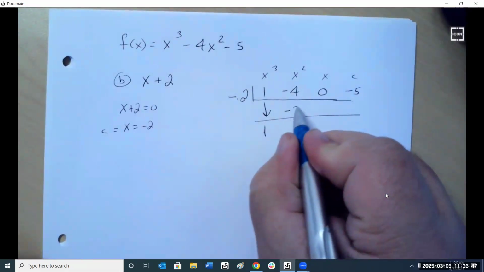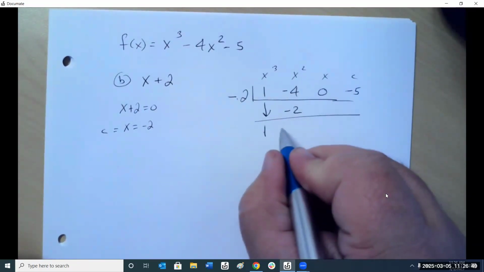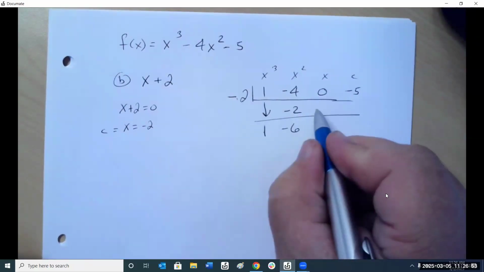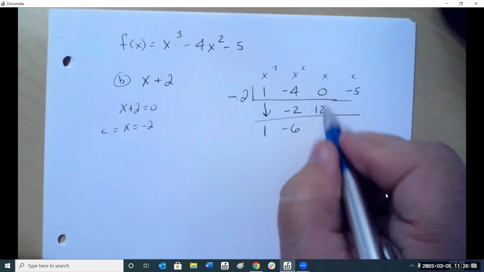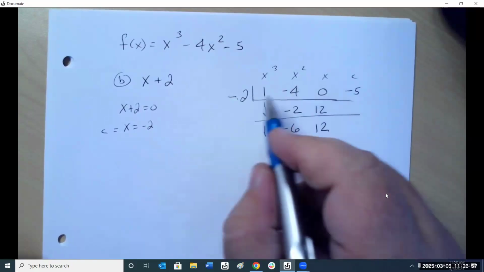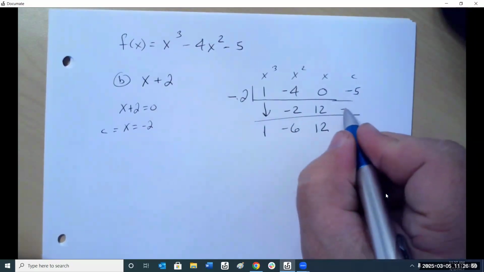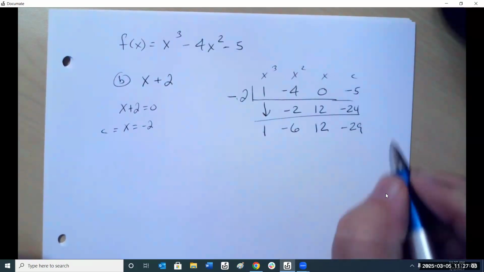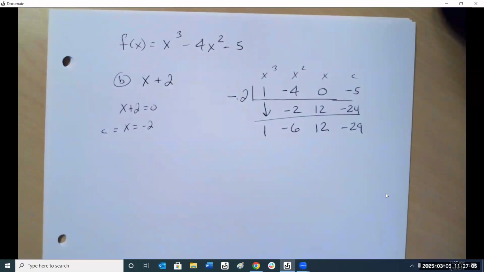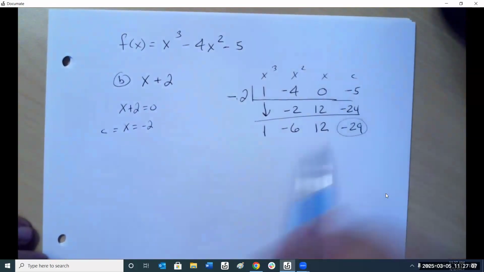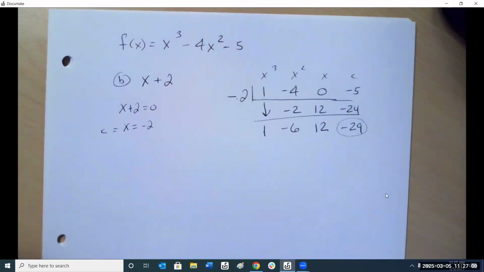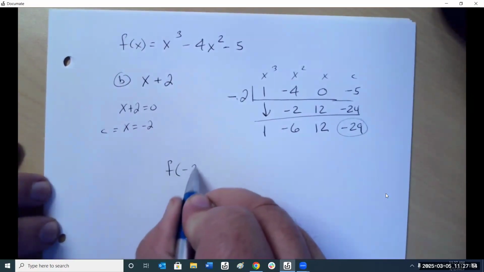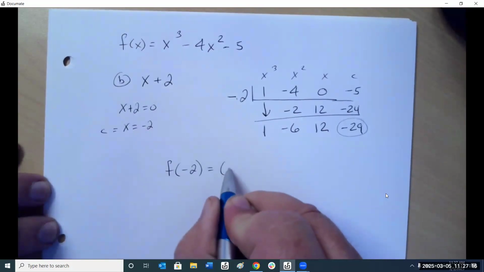-2 times 1 is -2. -2 plus -4 is -6. -2 times -6 is +12. -2 times 12 is -24. -5 plus -24 is -29. That's your remainder. And that would be exactly the same value we got if we plugged it in.